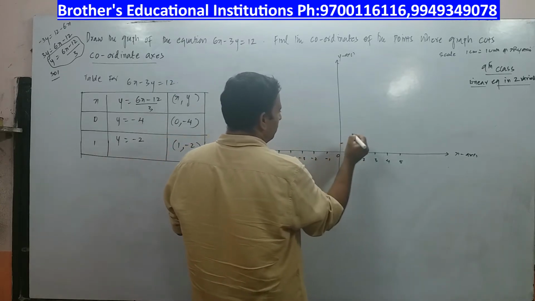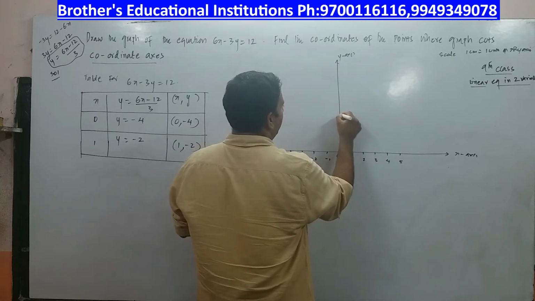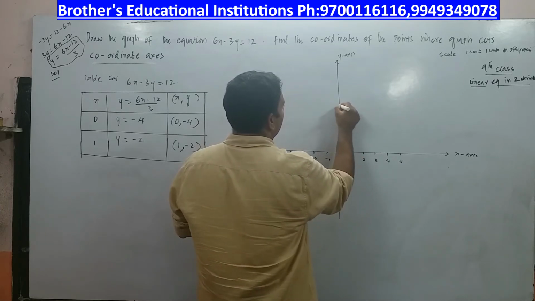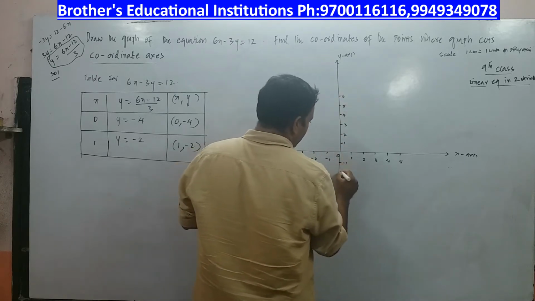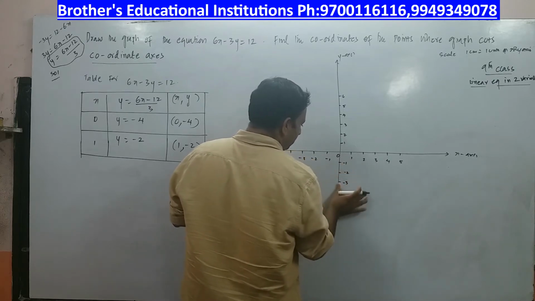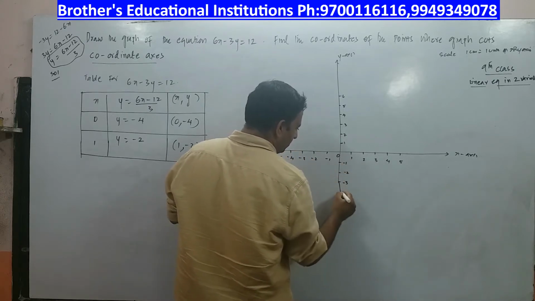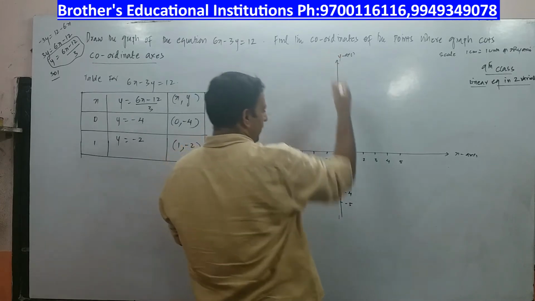This is 1, 2, 3, 4, 5, 6, minus 1, minus 2, minus 3, minus 4, minus 5. So negative side of axis positive.